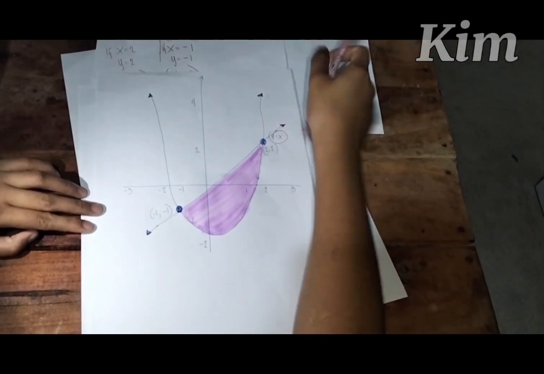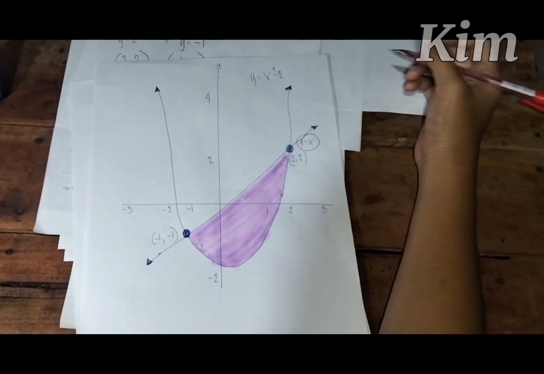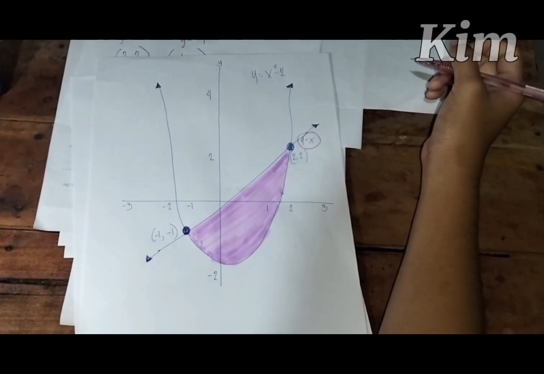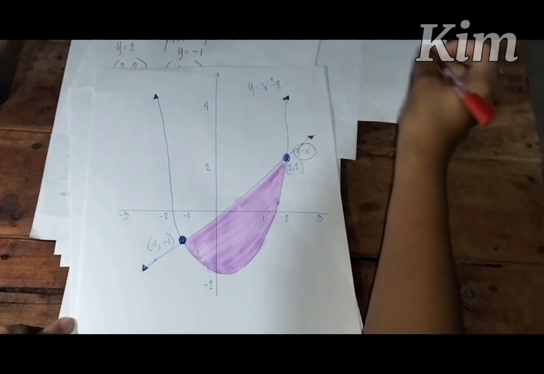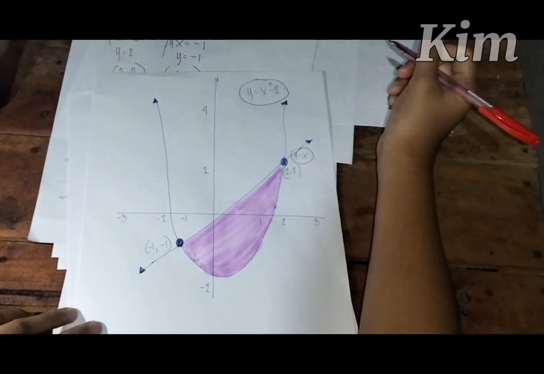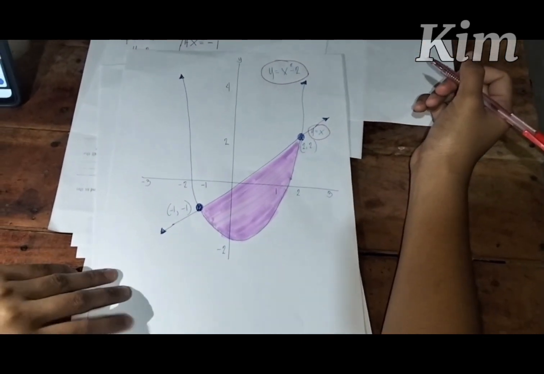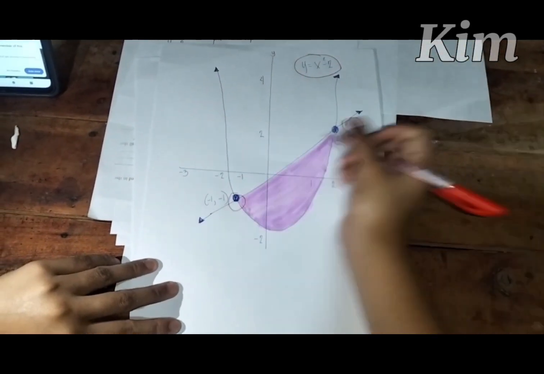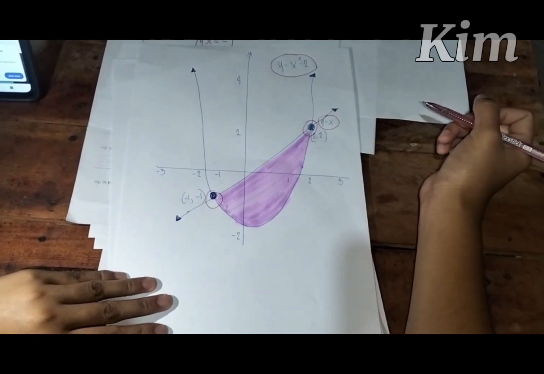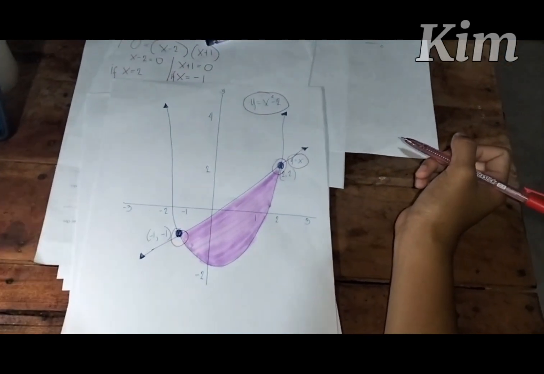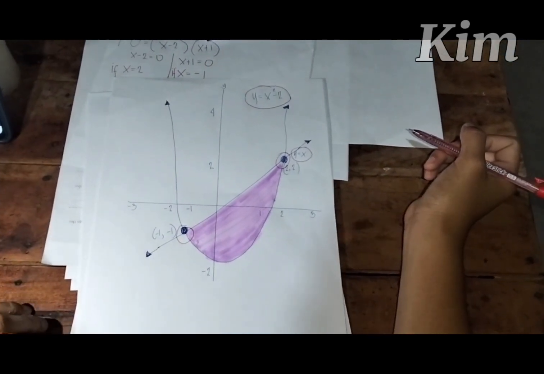If we graph our curves, we see the points of intersection of y is equal to x and y is equal to x squared minus 2 are (negative 1, negative 1) and (2, 2). So right now, we can identify what we are going to use in the formula.